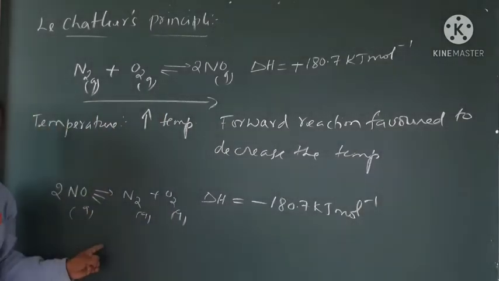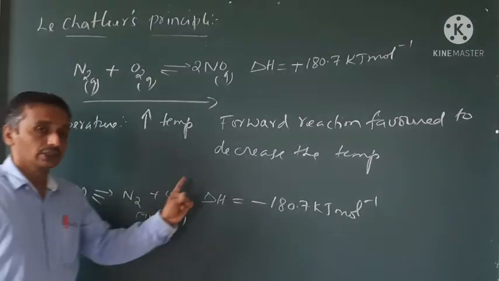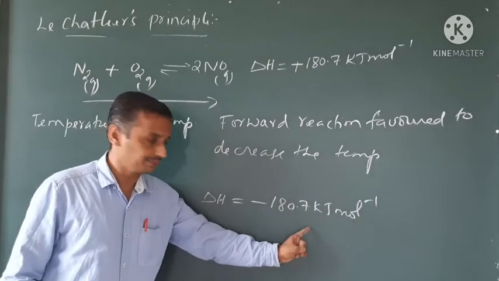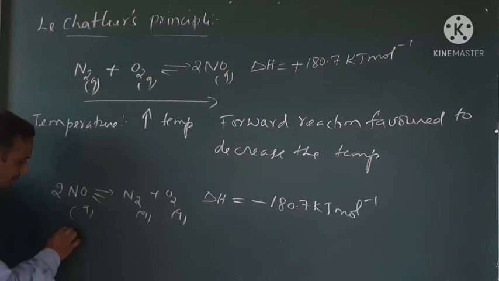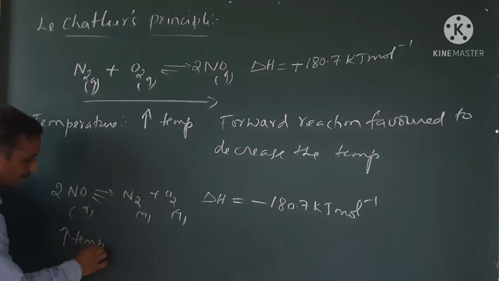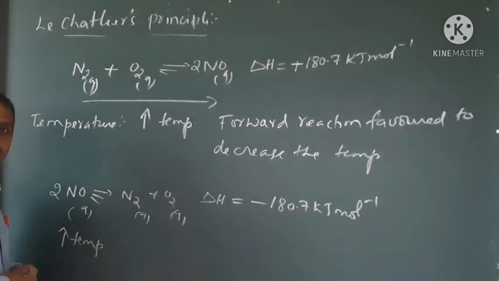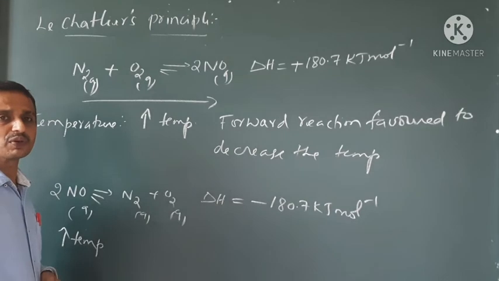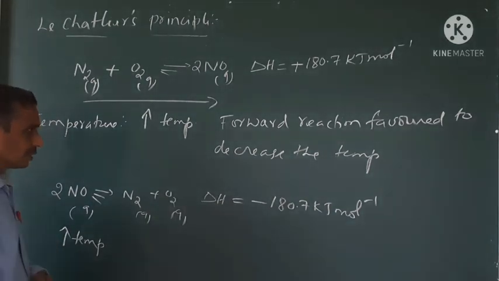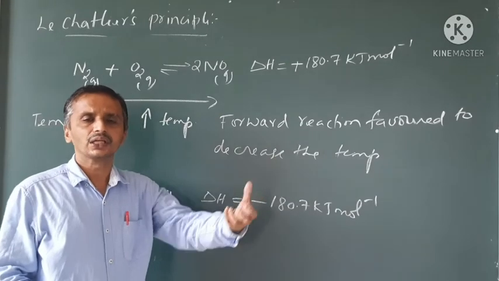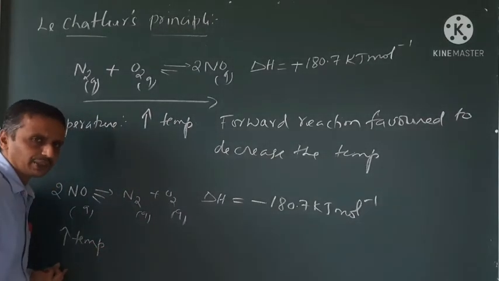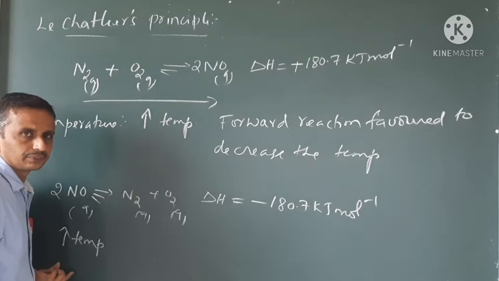Same reaction reversed, and the reaction is exothermic because the minus sign is there. If I increase the temperature, the forward reaction cannot be favored, because the reaction is already giving heat and we are increasing the temperature by heating.